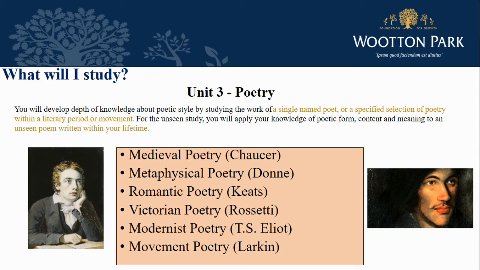So, for example, it may be that we study the poetry of the metaphysical poet John Donne or the romantic poet John Keats. Within this analysis, you'll be encouraged to talk about the context in which they were written, as well as exploring a range of aspects such as the language that was being used by those poets, the structure of those poems, and also the forms in which they took.